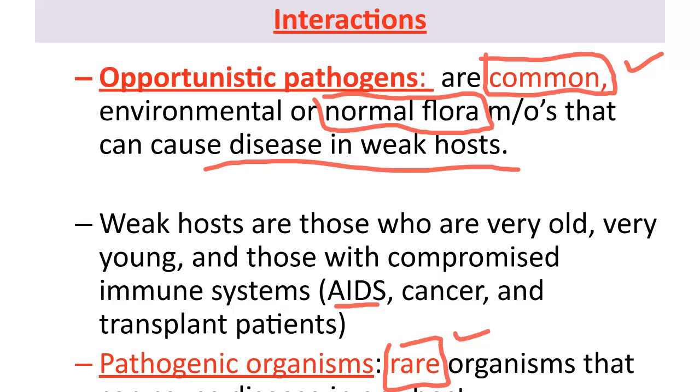Examples of an opportunistic pathogen: E. coli, for example, and Staphylococcus epidermidis, which lives in our skin. Examples of a true pathogen: Neisseria gonorrhoeae, which causes gonorrhea, and Mycobacterium tuberculosis, which causes tuberculosis, are rare organisms that can, at least in theory, cause disease in any host.